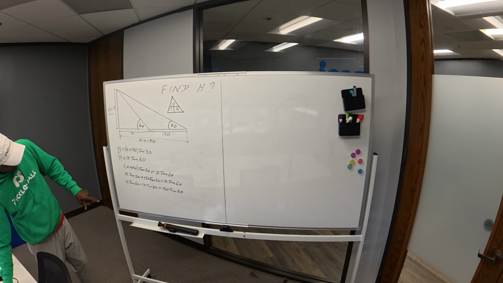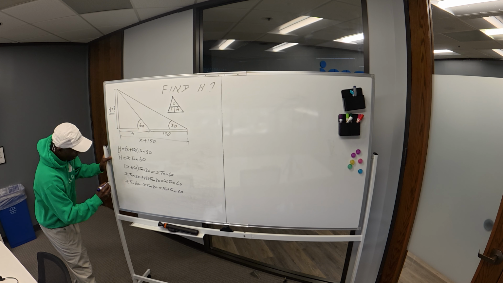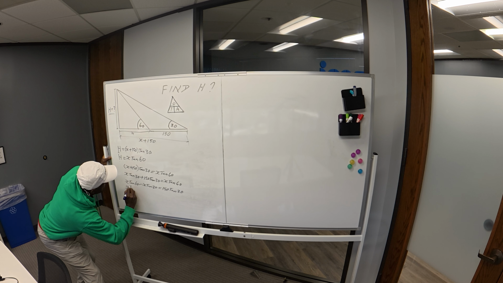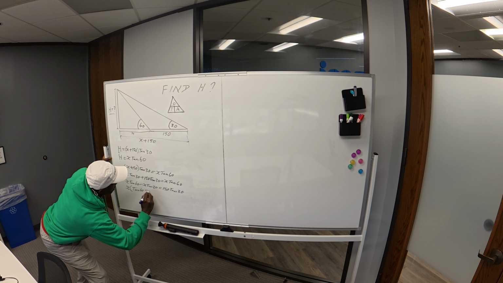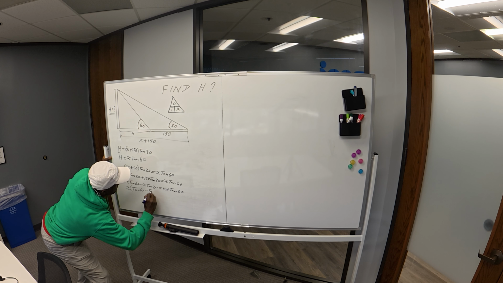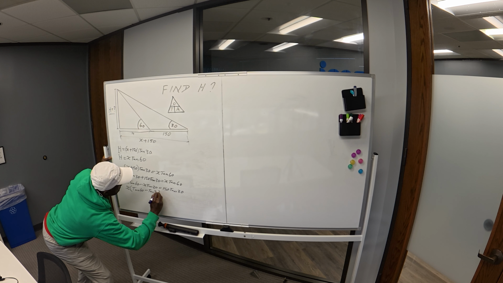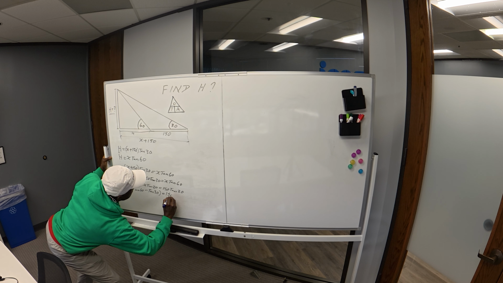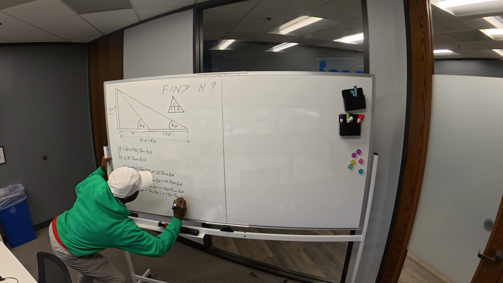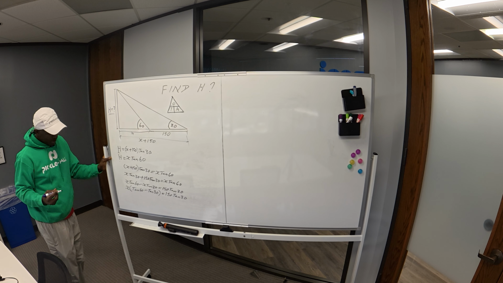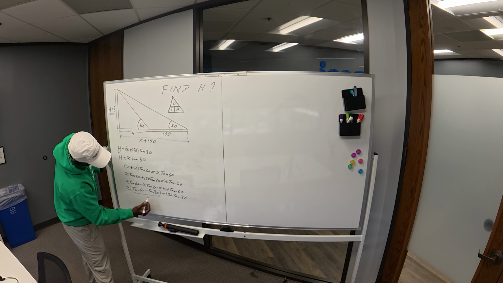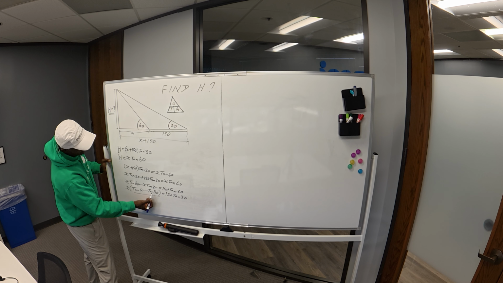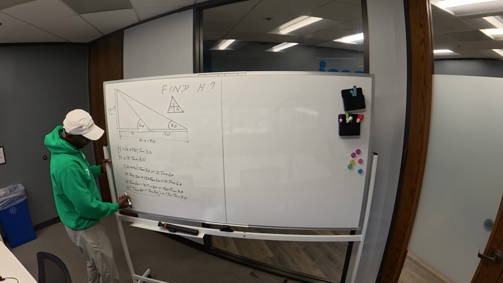So x is common in both terms, so we take it outside. So x times (tangent of 60 minus tangent of 30) is equal to 150 tangent of 30. So if we divide both sides by tangent of 60 minus tangent of 30, we can solve for x.